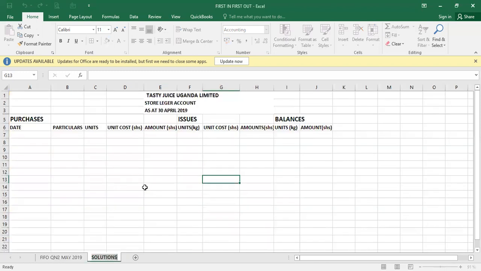So I had organized something here. We have to start with our heading, and our heading is going to be Tassages Uganda Limited. Then we put what we are preparing. We are preparing a stores ledger account using Fifo method.